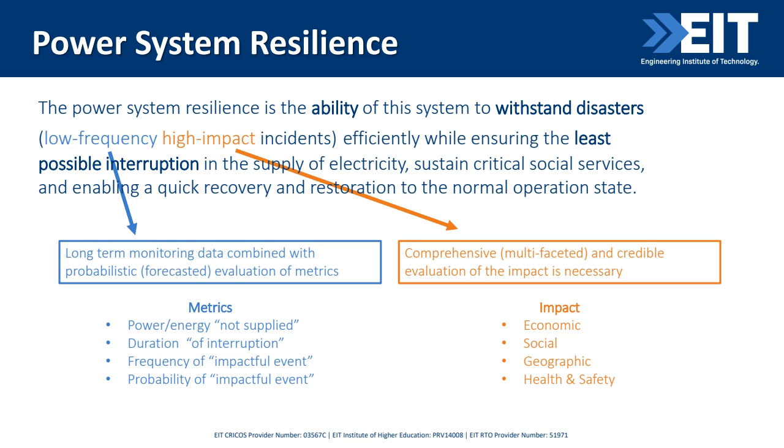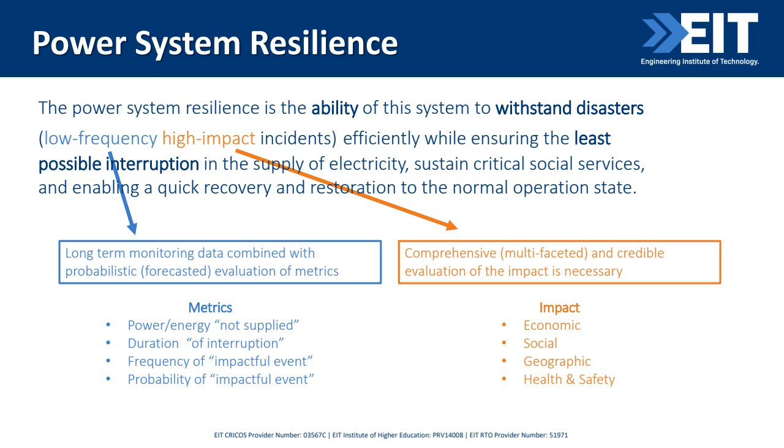And there could be two types of things. One could be low frequency, the other could be high impact incident. If I can do this efficiently, this can ensure the least interruption in my electricity supply. That's what we want, isn't it? We do not want blackouts and brownouts to be occurring.